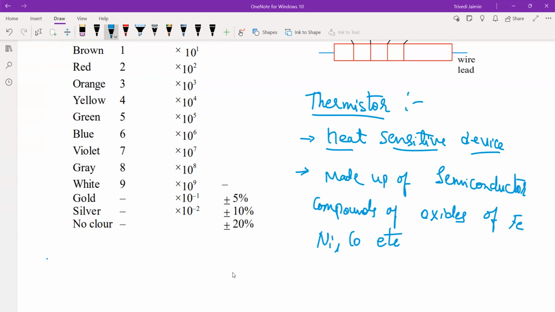So it has high temperature, positive or negative coefficient.